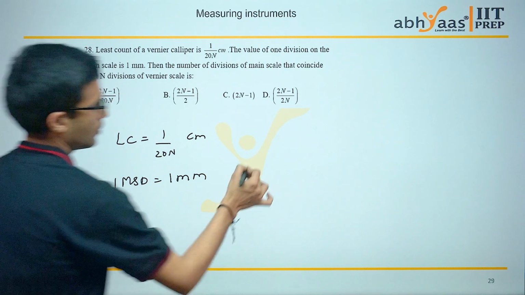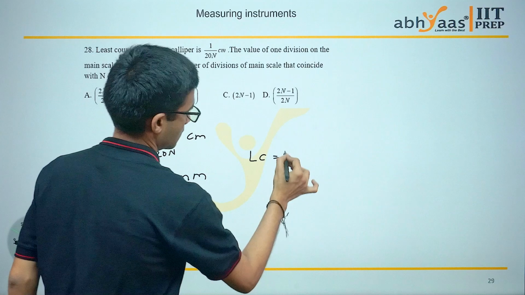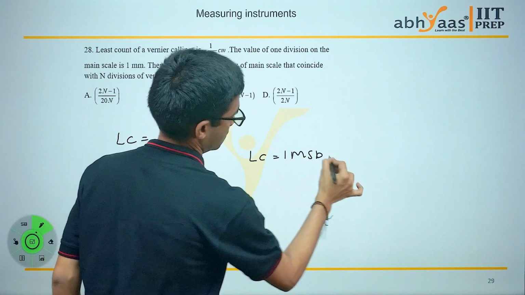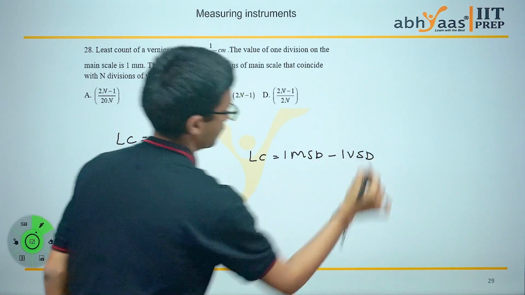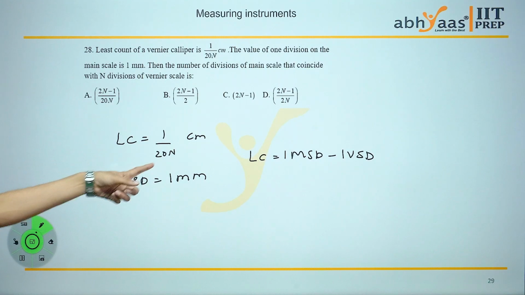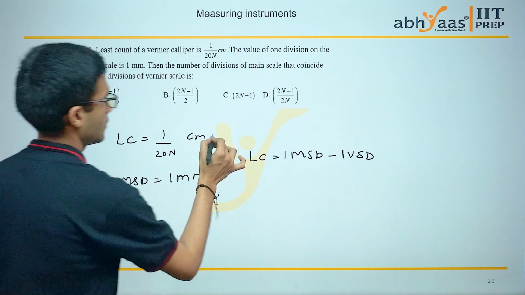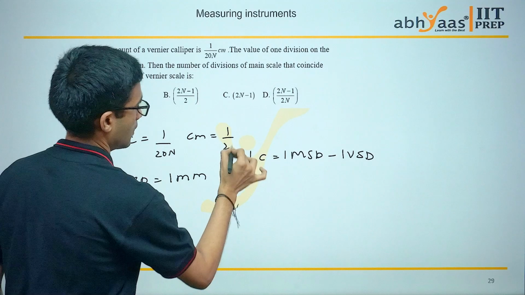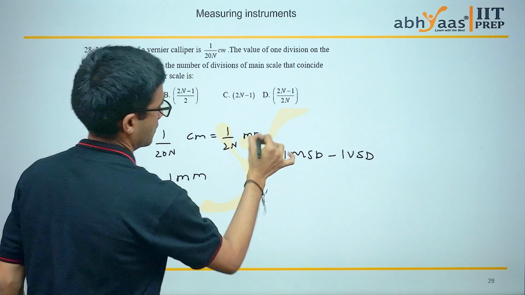You can do this one in many ways. 1 MSD minus 1 VSD. Everything should be in mm only. Least count is given in centimeters, so you can convert that into 1 by 2n mm.